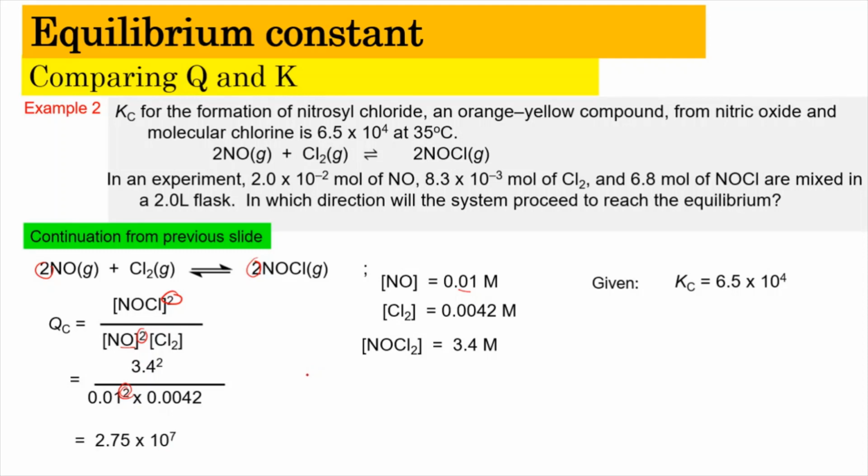Once we do the maths, we're going to get the QC to be 2.75 times 10 to the power of 7.